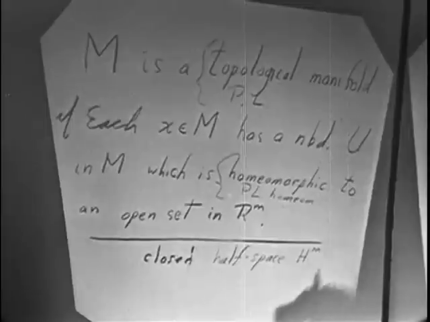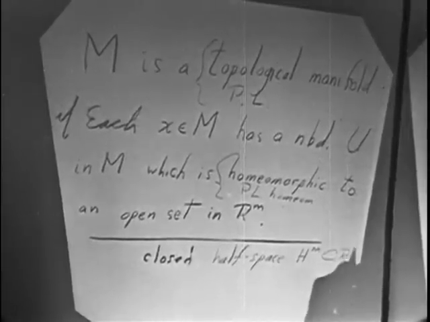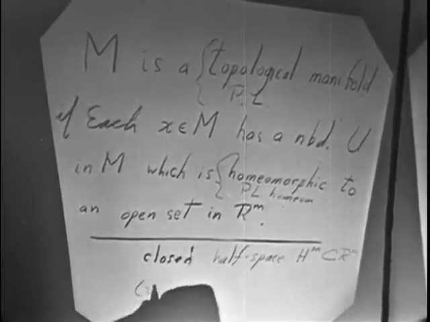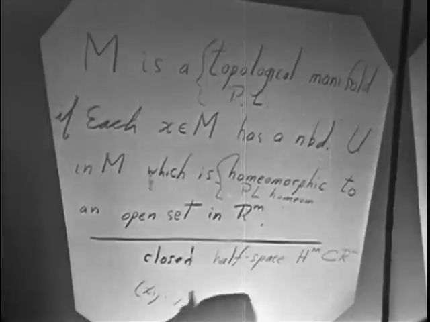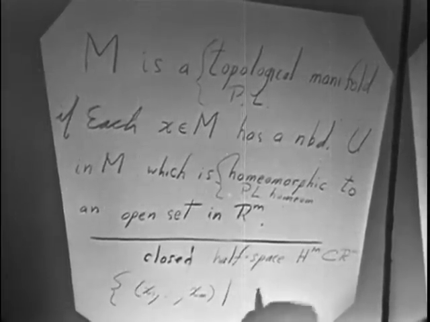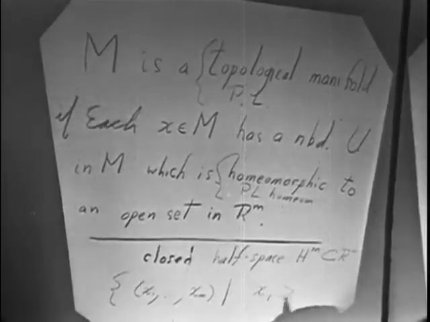This is defined to be a subset of Rm consisting of all points x1 up to xm such that one of the coordinates, say x1, is positive.